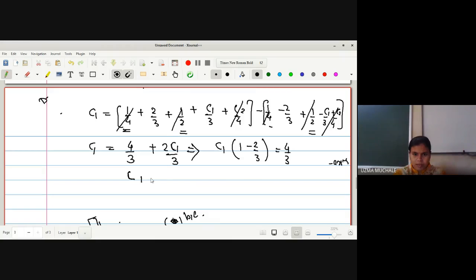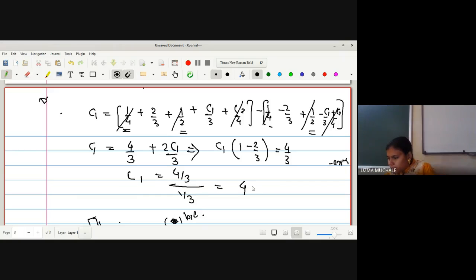So c1 is equal to 4 upon 3 divided by 1 by 3. Resultantly, we get the value of c1 as 4.